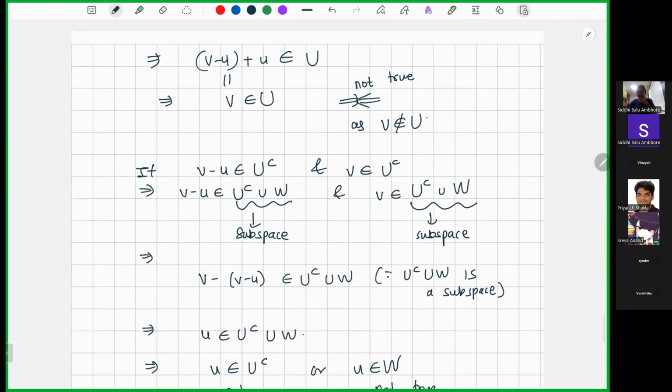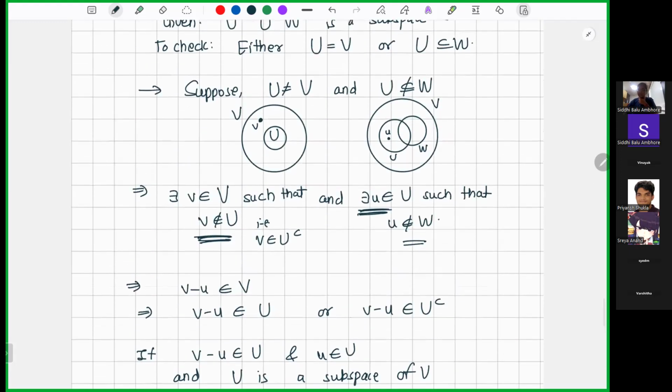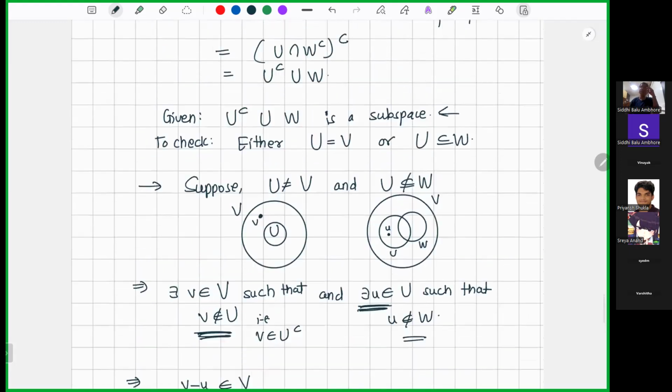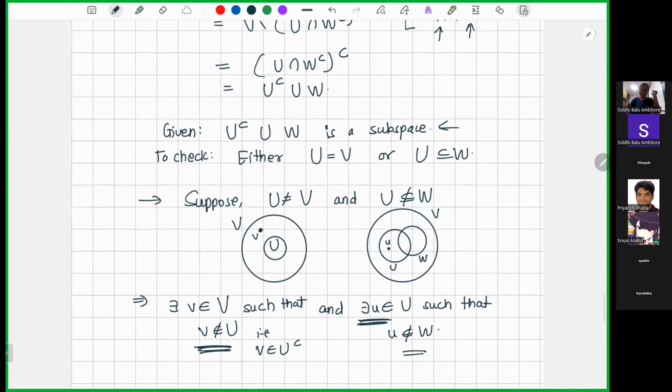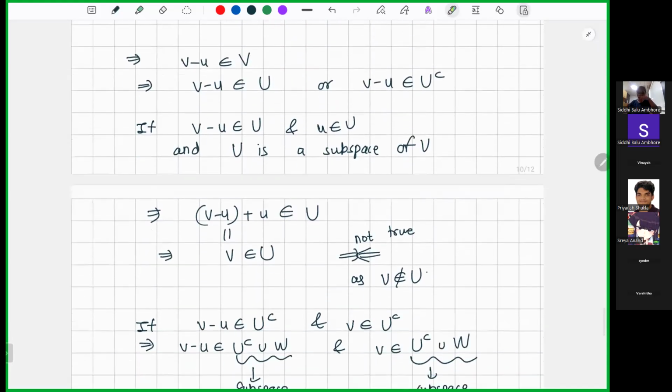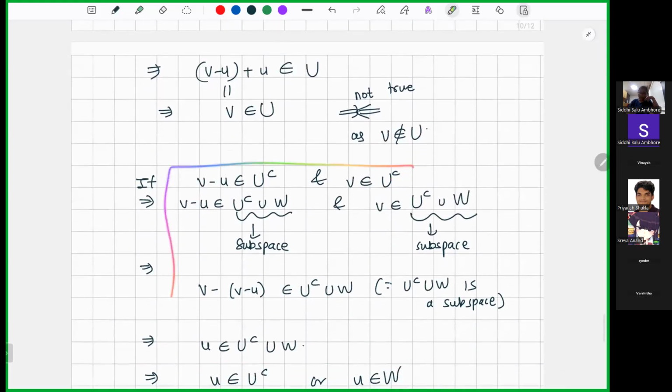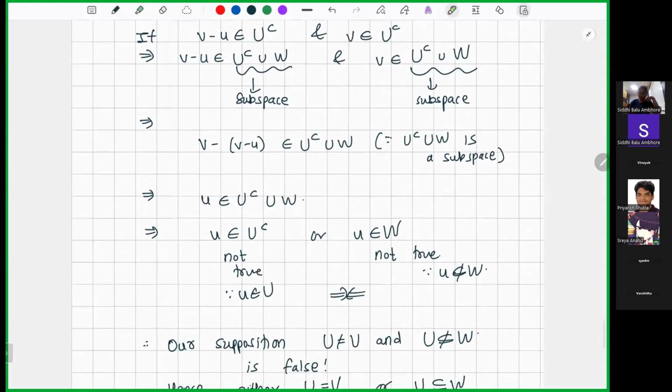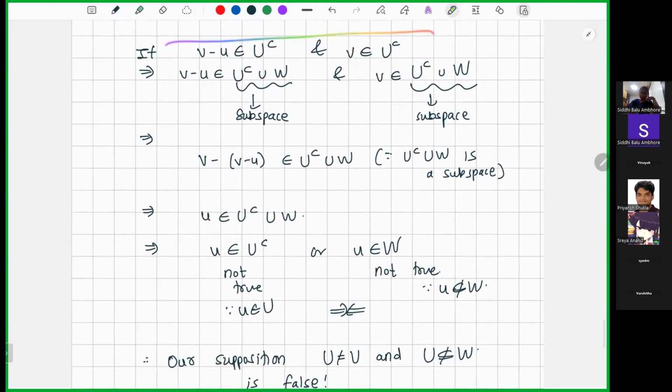But before that, please understand that for the first implication, we actually used this given condition. This was not something that was just there. We explicitly used that U complement union W is a subspace. Otherwise we could not have arrived at this contradiction. So please try to understand what the given condition is.